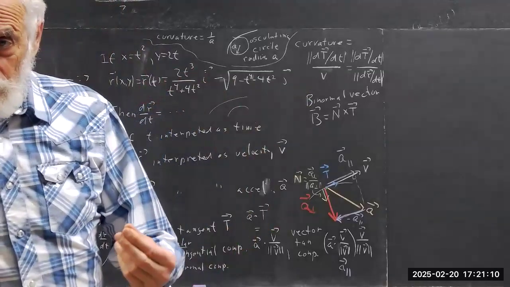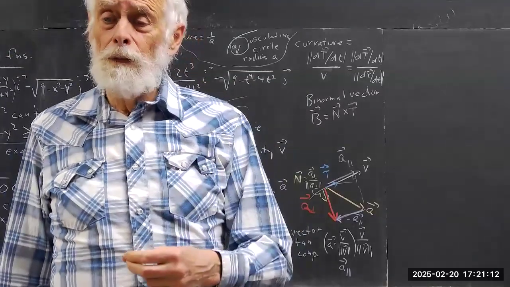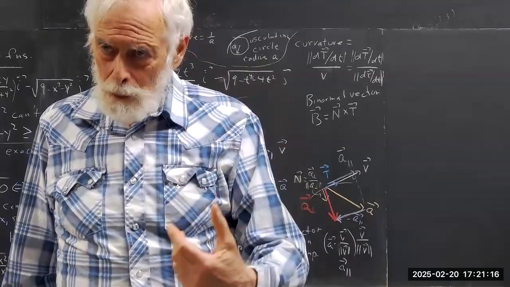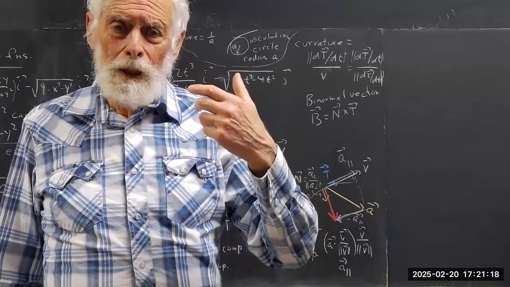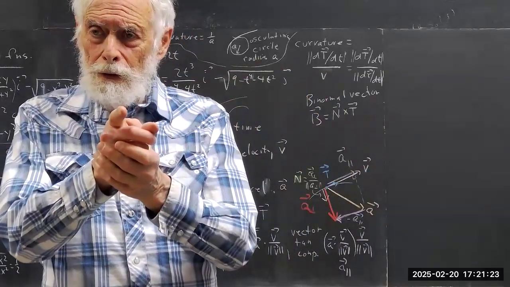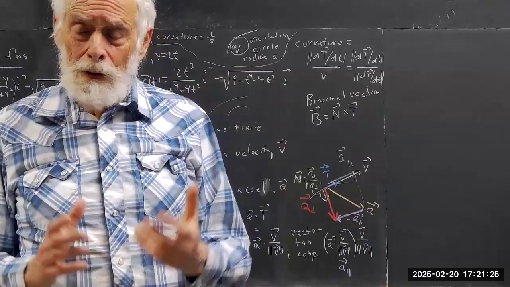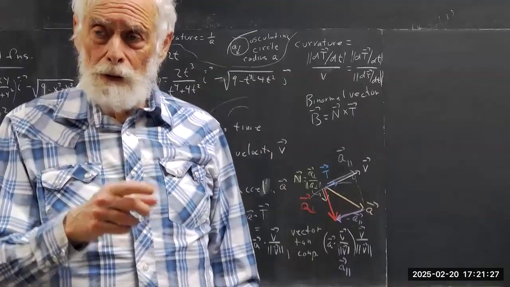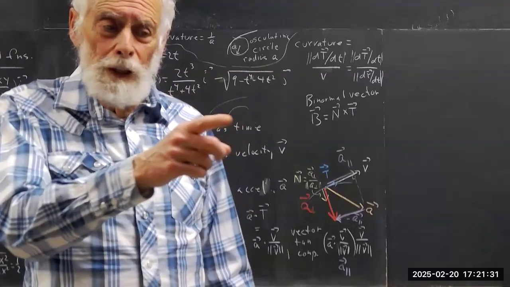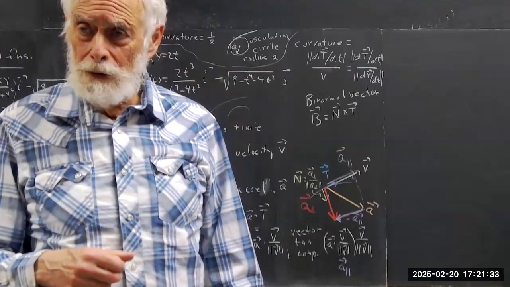The rate at which the unit tangent vector changes depends on how fast you're going. If you normalize that, so to speak, by dividing the rate at which your unit tangent vector changes by your speed, then you're going to get the same rate of change no matter what your speed is. If you're going twice as fast, your unit tangent vector is going to change twice as fast.